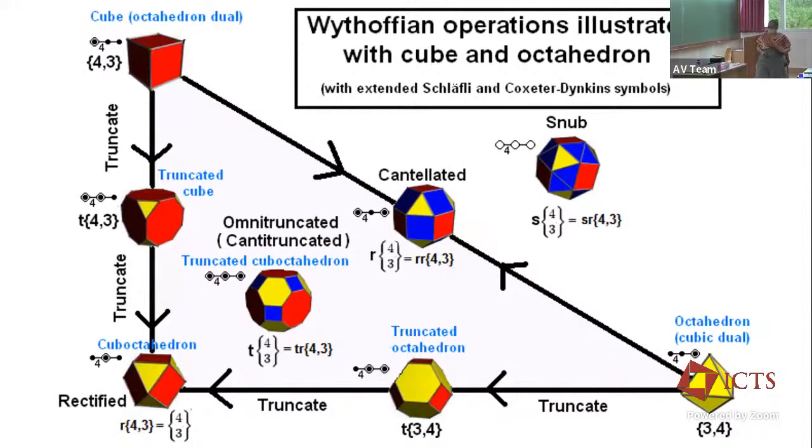Now, this is from the internet. This is how the cube and octahedron are linked, and you can count how many Archimedean solids are here. They are all linked up. If you go to Wikipedia, Archimedean solids, this picture is from there.